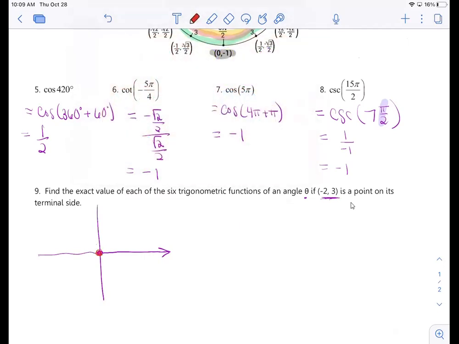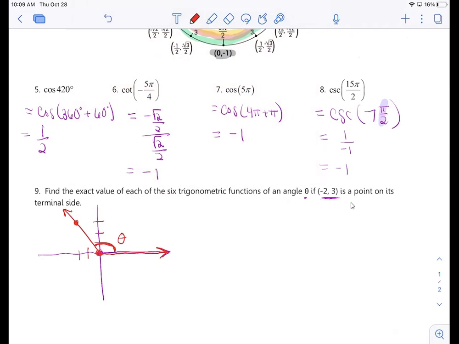So I start here. This is my initial side of my angle. -2, 3. Well, here's -2, 1, 2, 3. Here's that coordinate, -2, 3. My terminal side of my angle goes through it. And this is the theta they're talking about.